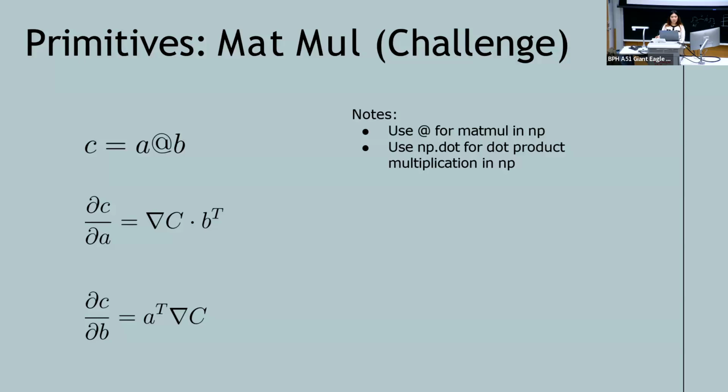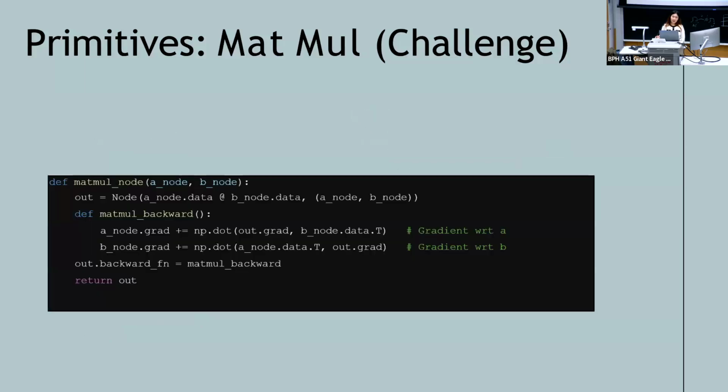And here, for C equals A matmul B, when we calculate the gradient with regard to A, it will be C's gradient multiplied by B transpose. And for C's gradient with regard to B, it will be A transpose multiplied by C's gradient. So it's the same thing, and this is the code implementation.